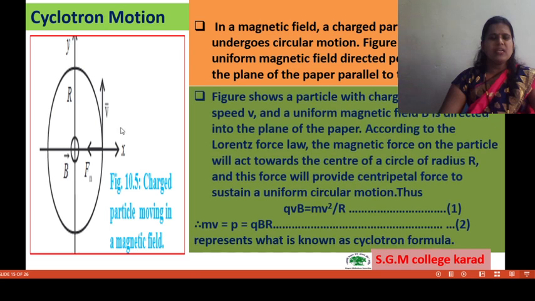This figure shows a particle with charge Q moving with speed V, and the uniform magnetic field is directed into the plane of the paper.